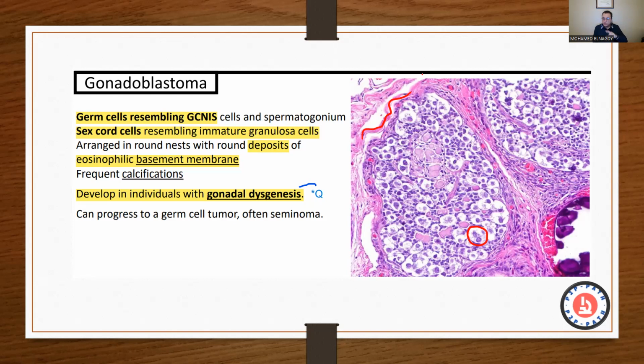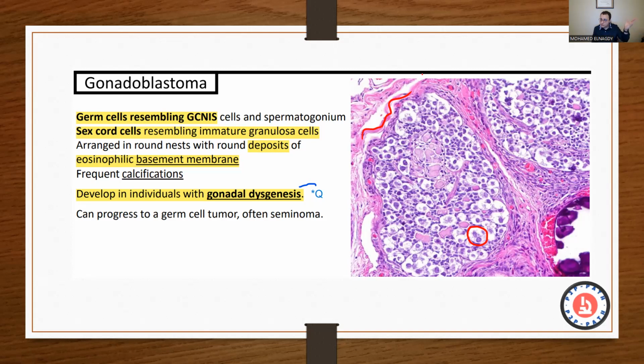The only time gonadoblastoma was asked in one of the Q banks, they didn't even include any histological picture. They asked that there was a baby or a kid who had an undescended testis. Cryptorchidism, there is undescended testis. And then they asked, if this condition is left untreated, this patient is at risk of testicular neoplasm, as we know.